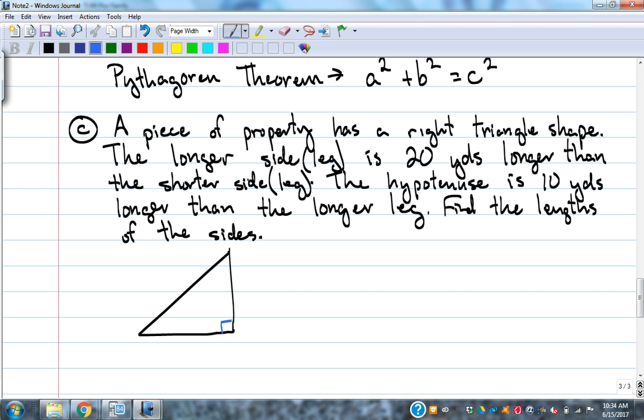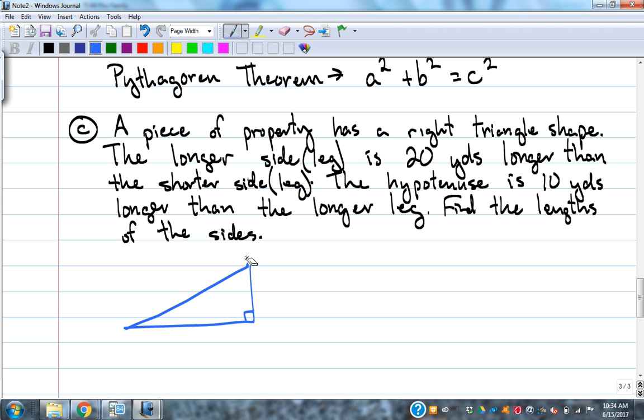I didn't draw that real accurate, so let me draw it a little bit more obvious, where you've got one side that's shorter than the other. That's a little more descriptive of our problem. So we've got a shorter leg, a longer leg, and then the hypotenuse, the slanted side, and we go from there.